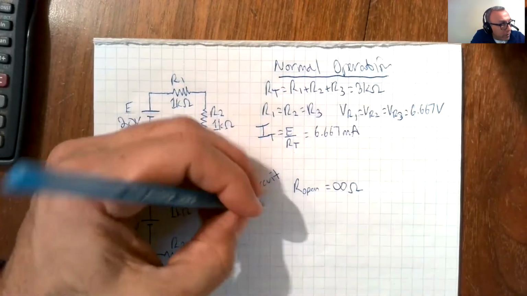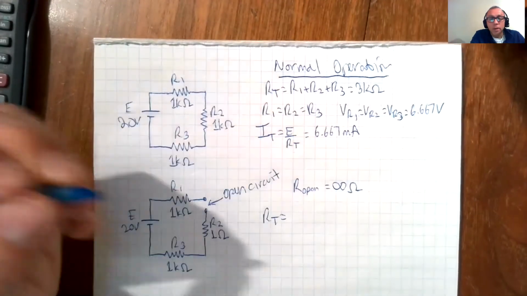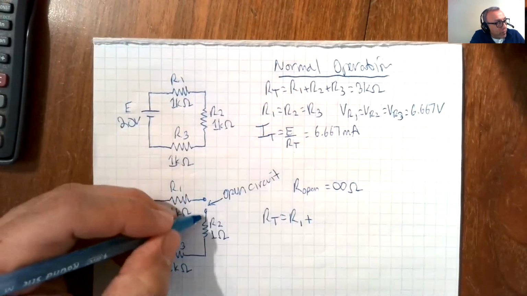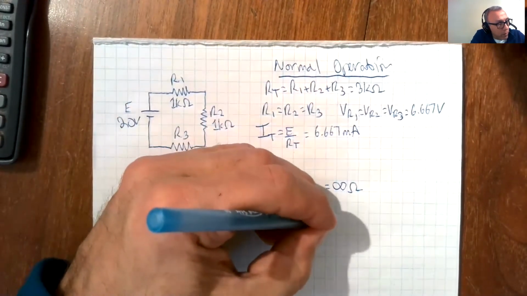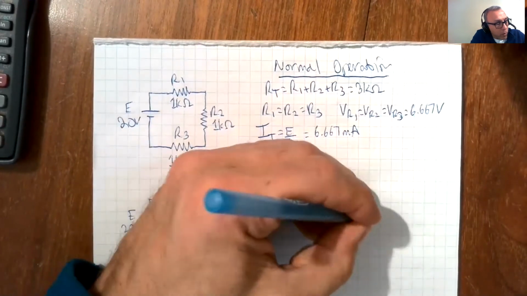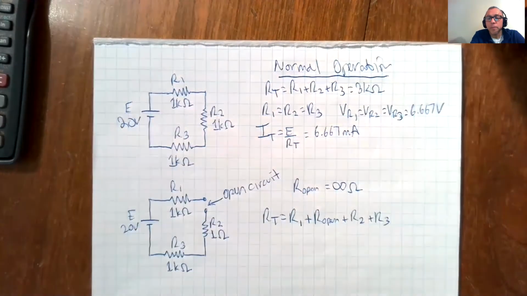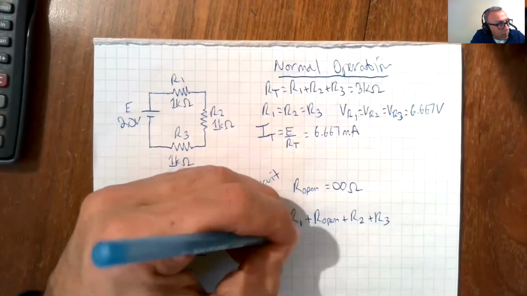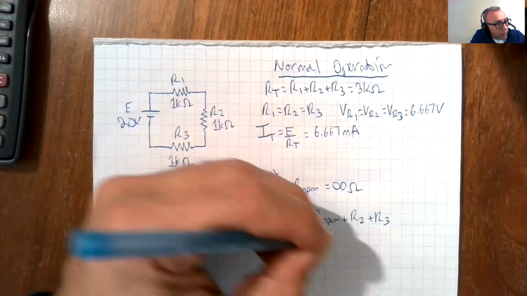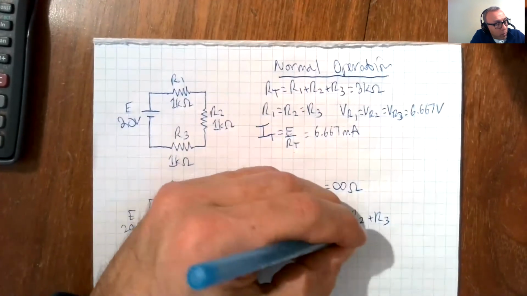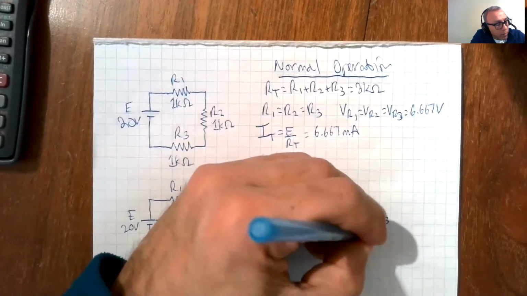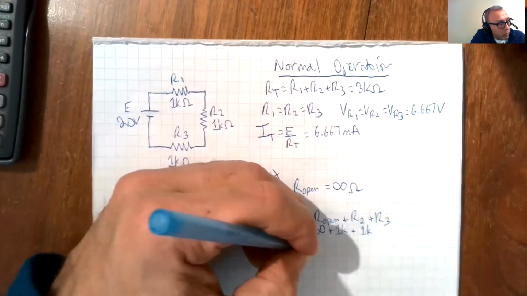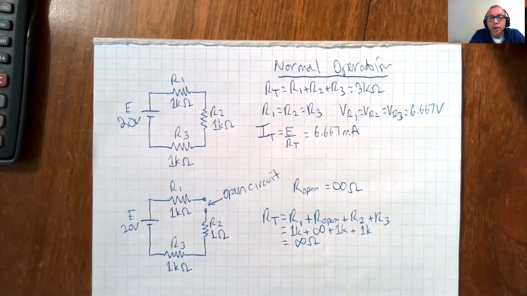So now RT is equal to R1 plus, we have this in the loop now, R open plus R2 plus R3. Okay, which means that it is 1K plus infinite plus 1K plus 1K, which is equal to infinite.